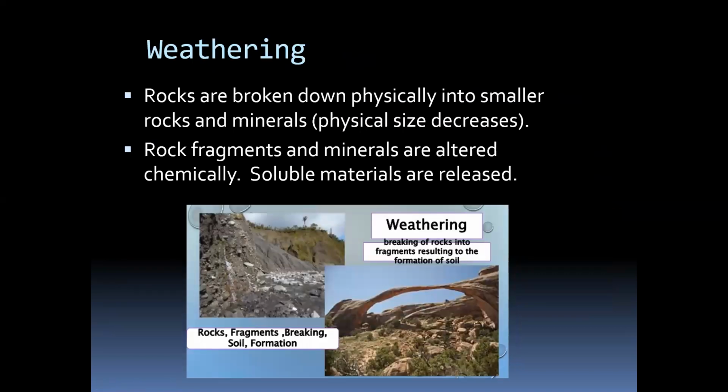If we look at the concept of weathering again, it's breaking the rocks down into smaller sizes, so there will be a decrease in size. Also, there are some changes that happen internally because of water. Some of the minerals might be changed from primary to secondary, or some might be dissolved and released. This is what we call chemical weathering.